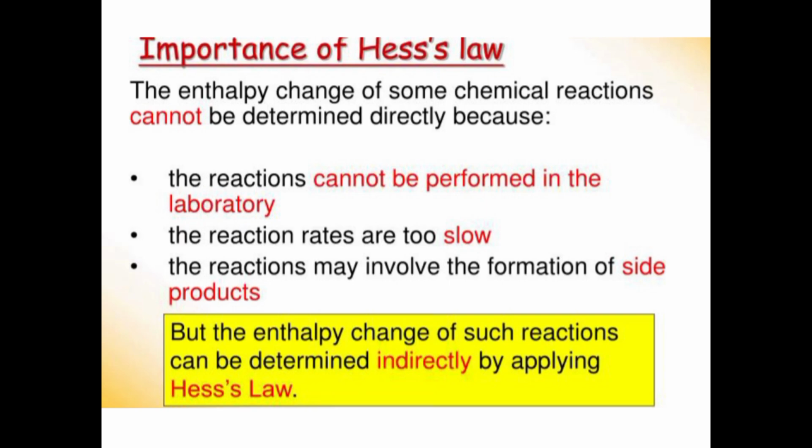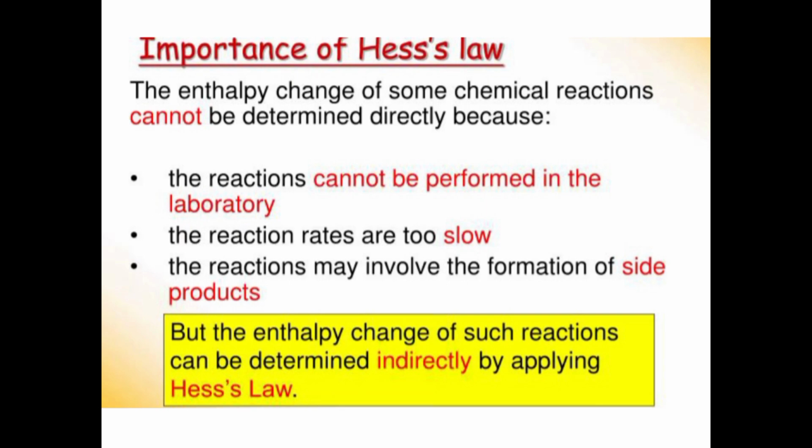The enthalpy change of some chemical reactions cannot be determined directly because the reaction cannot be performed in the laboratory. The reaction rates are too slow, and the reaction may involve formation of side products. But the enthalpy change of such a reaction can always be determined indirectly by applying Hess's law.